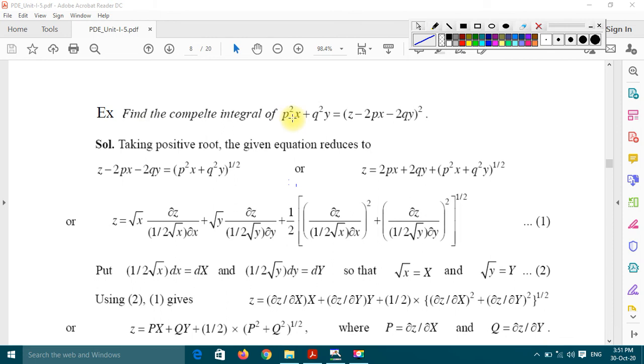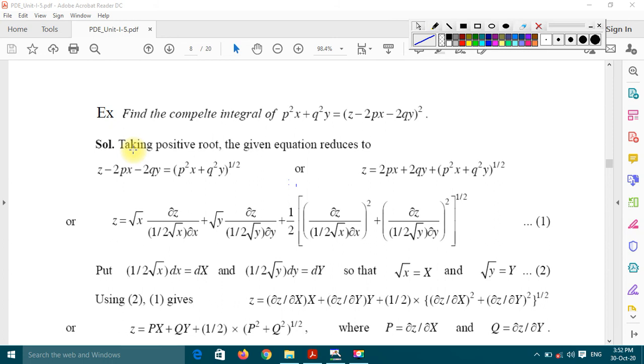Find the complete integral of p square x plus q square y is equal to z minus 2px minus 2qy whole square. Okay, so first we try to reduce this differential equation into the Clairaut's form. Our Clairaut form says that the given differential equation is of the form z is equal to px plus qy plus f of p, q.